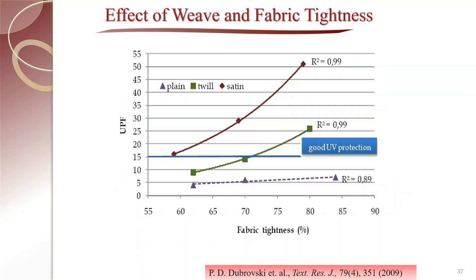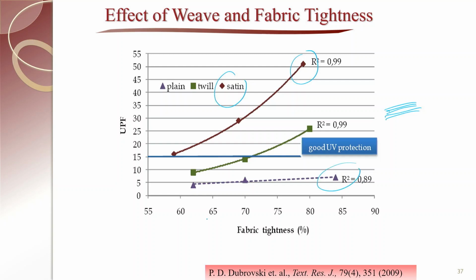Now, see the effect of fabric weave and fabric tightness. Here is the UPF. Satin is showing the higher UPF value, because in satin we can lay the yarns properly on the surface, whereas the plain weave is showing lower as per this study.